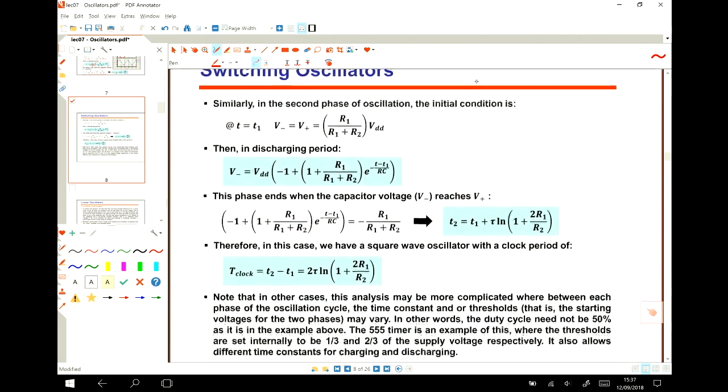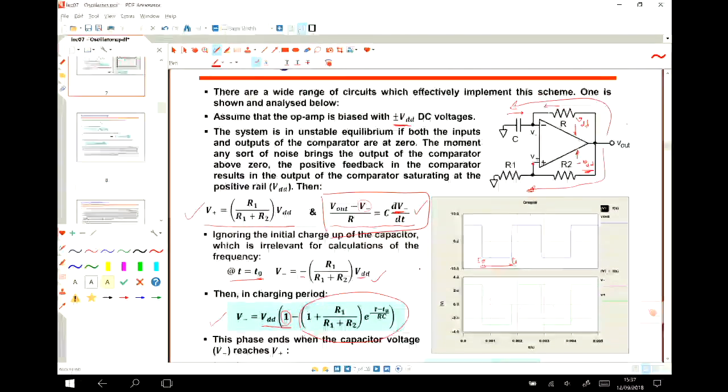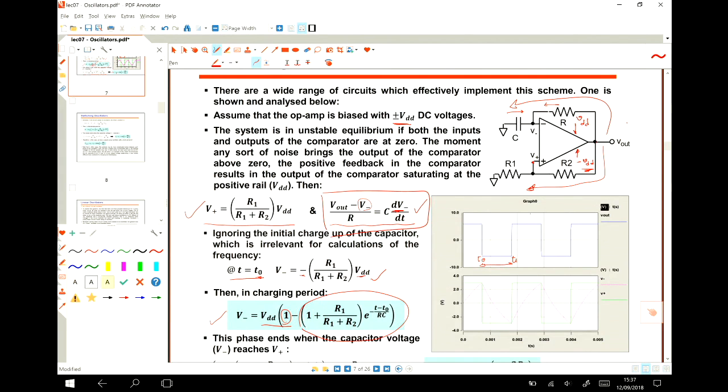Exactly the same thing we have in the discharging period. When the function of this op amp changes, the output changes to V plus. I mean, it is sticking at the higher rail.